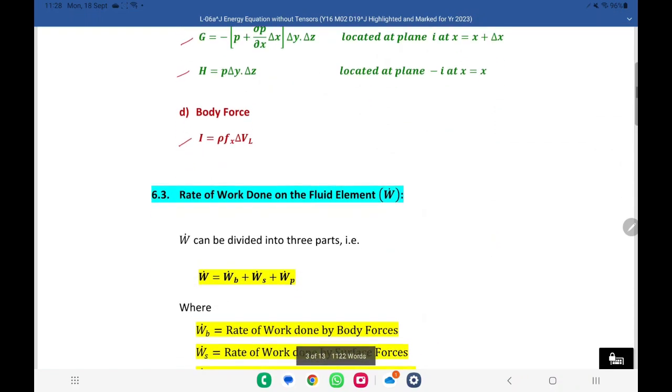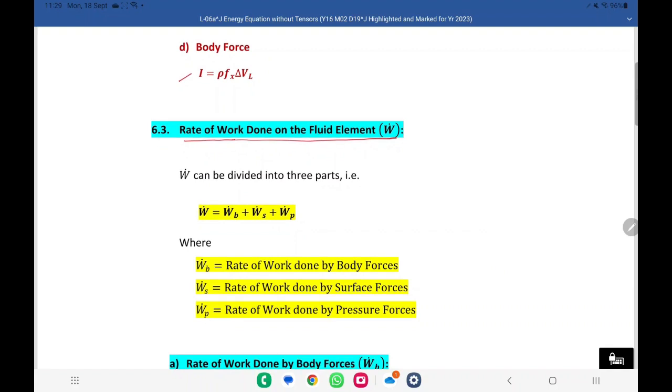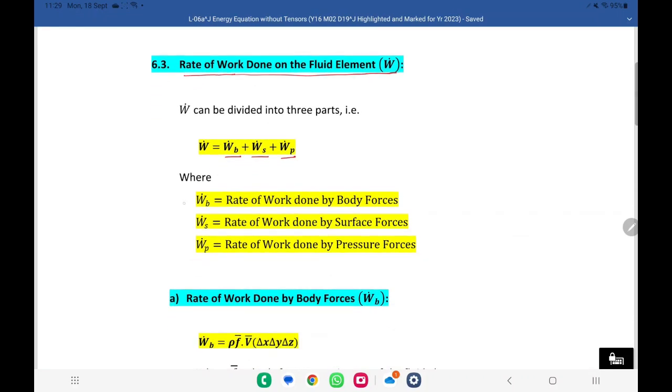Now, what is the rate of work done on the fluid element by all these forces? So what we are doing, we are dividing in 3 parts. The body force will do the work, surface force will do the work, pressure force will do the work. But we will do them separately. So this is the rate of work done by the body force, work done by the surface forces, and this is the work done by the pressure forces.